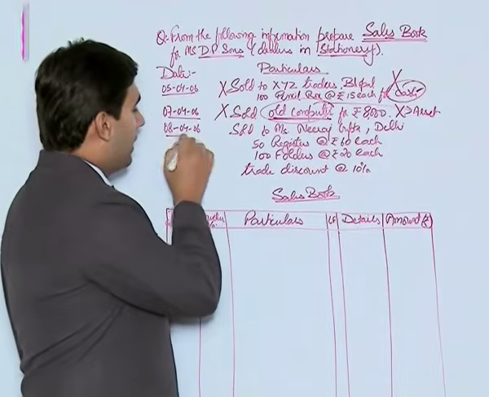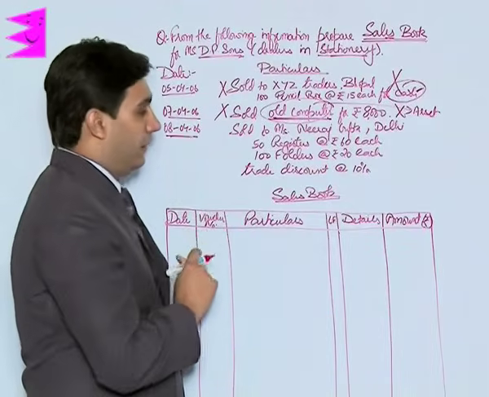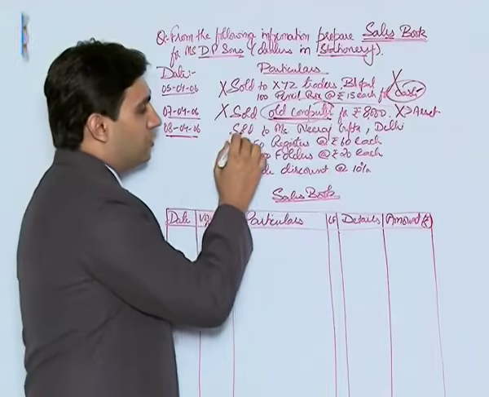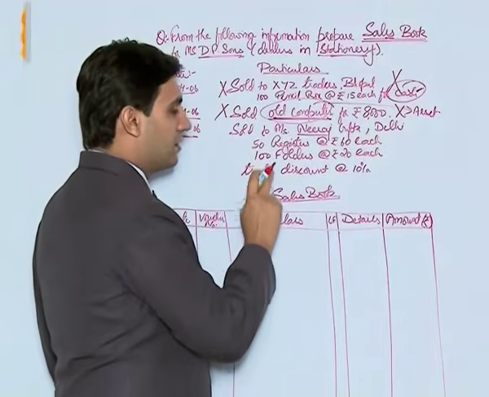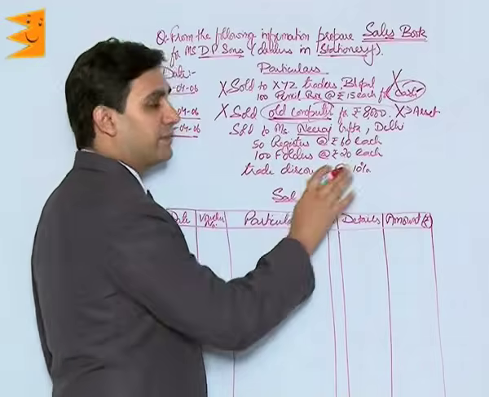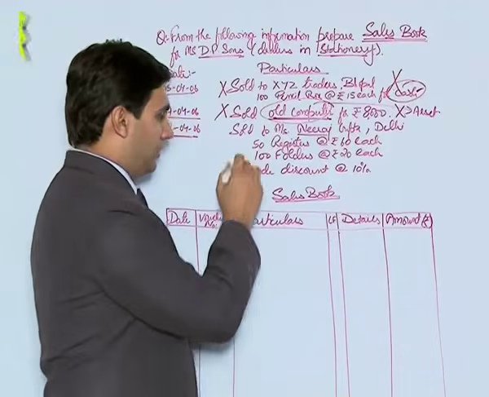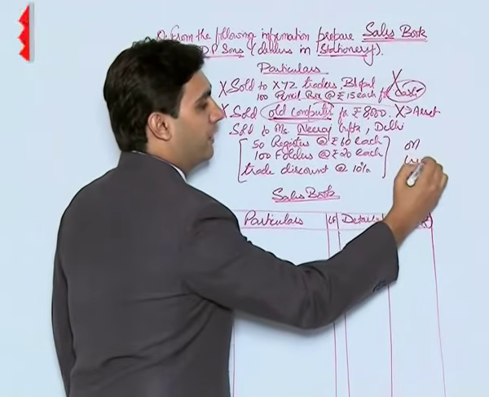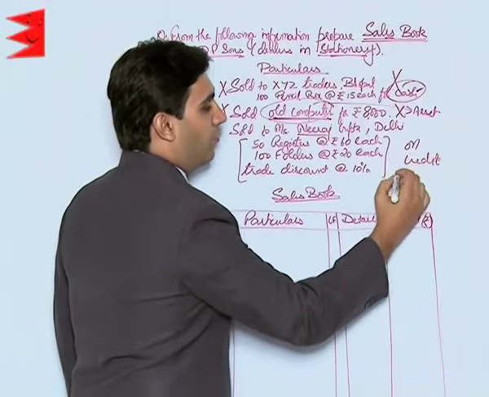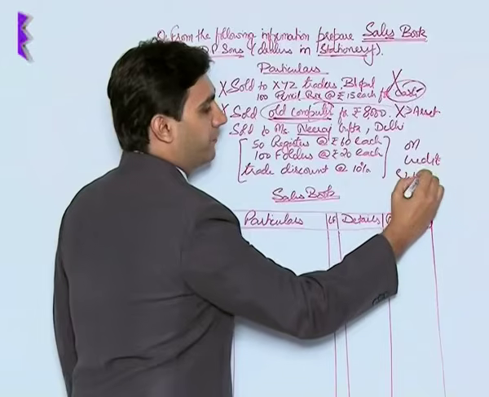Coming to 8th April. In this case, sold to Messrs. Neeraj Gupta, Delhi, 50 registers, 100 folders at a certain trade discount. Now, this is a transaction on credit, and involves stationery.